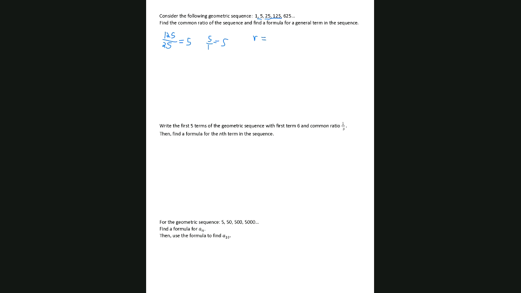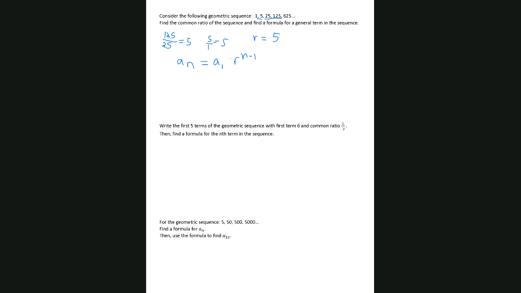Now, I know the first term, 1, and I know the common ratio, so all I have to do is fill in a sub n is equal to a sub 1 times r raised to the n minus 1.